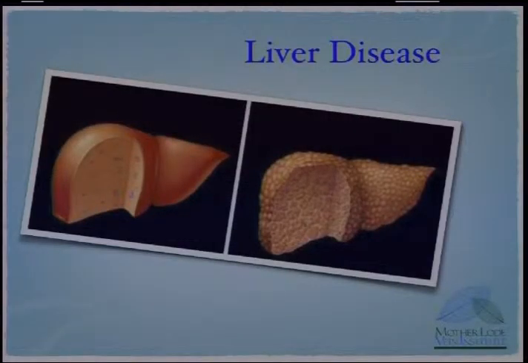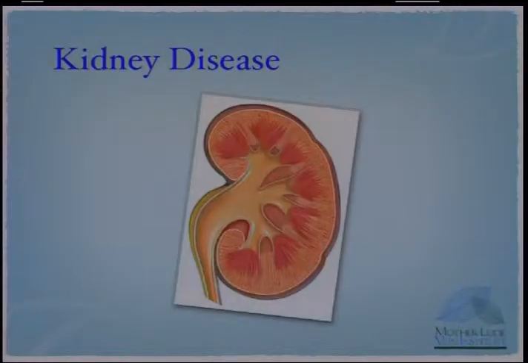Liver disease is depicted here. There's a normal liver on the left side and an abnormal liver or cirrhotic liver on the right side. The more the liver becomes diseased, the more likely one is to get lower extremity swelling. Kidney disease is also one of the most common reasons for swelling of the legs. The kidneys eliminate waste and also regulate fluid. Because of this, when the fluid is not regulated properly, the legs tend to swell.